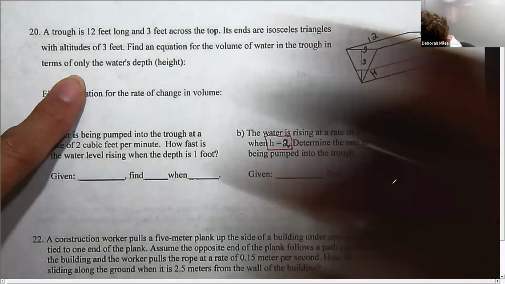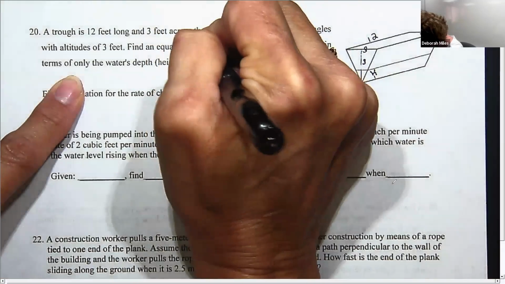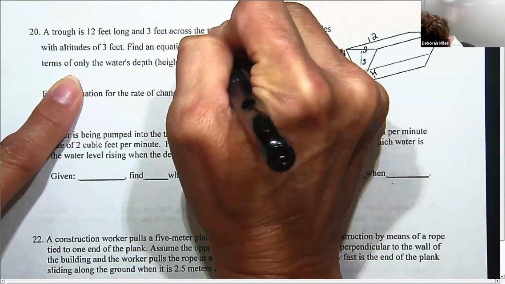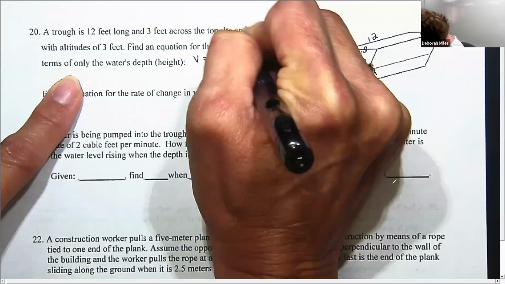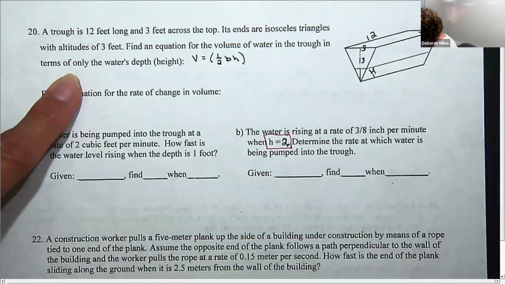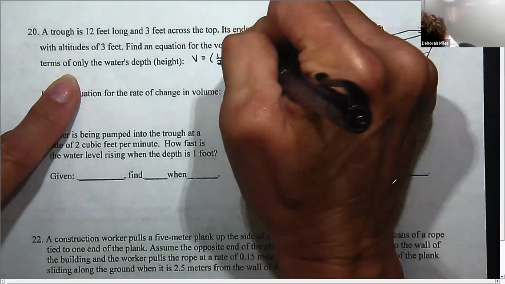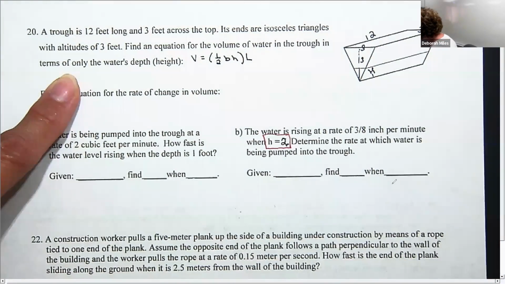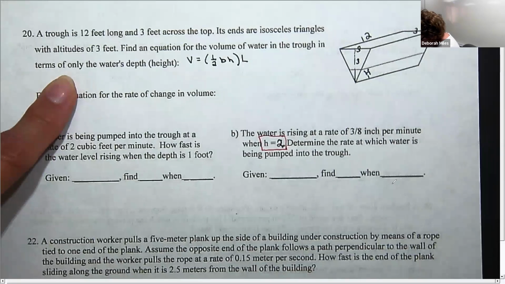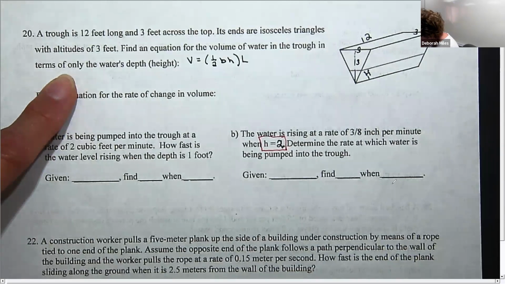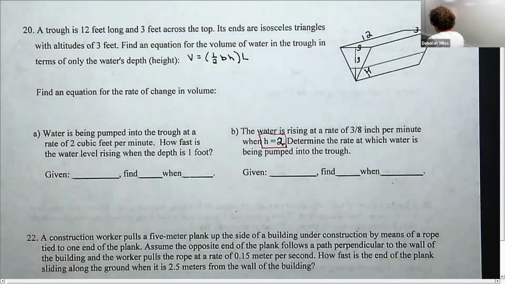So the volume of that trough would be 1/2 the base times the height, and then multiply that times the length. Are any of those things constant? The base, the height, and the length of the water as that trough fills up.